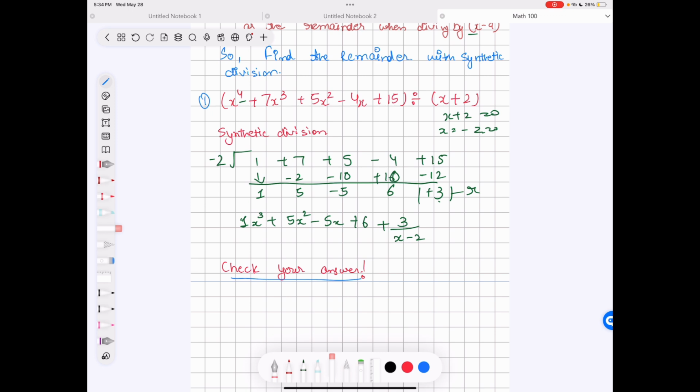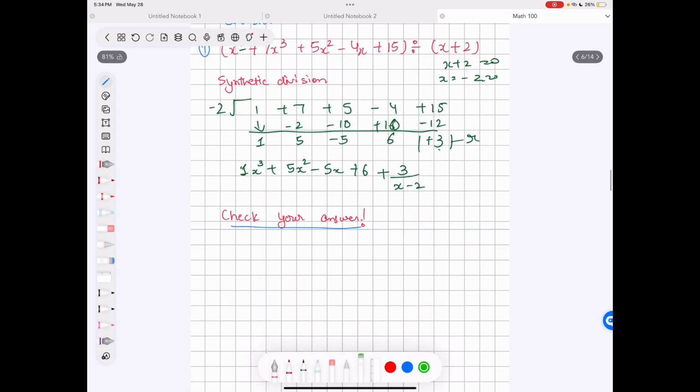So x is equal to minus 2 here, that we set equal to 0. So as we got x is equal to minus 2, we can plug this into x to the 4, x to the 3, x to the 2, and we would get the same answer as we got by doing synthetic division.